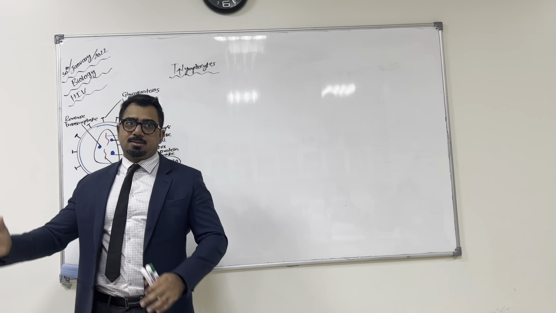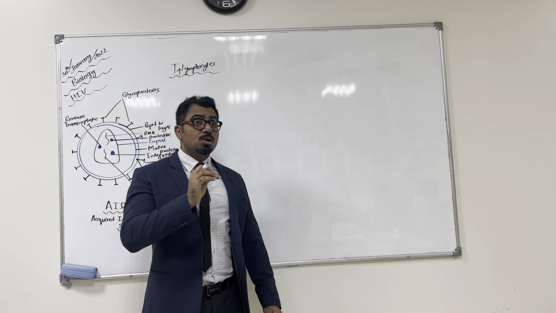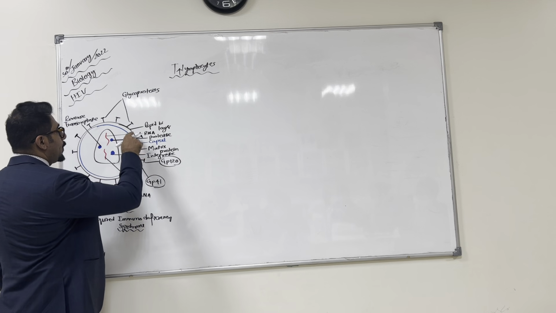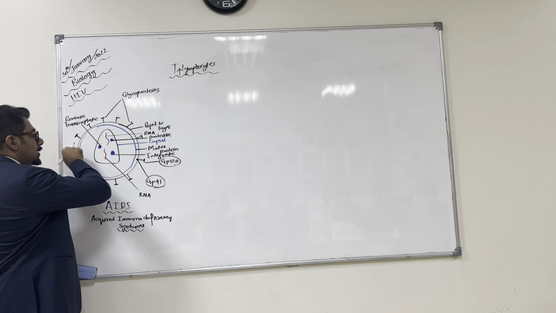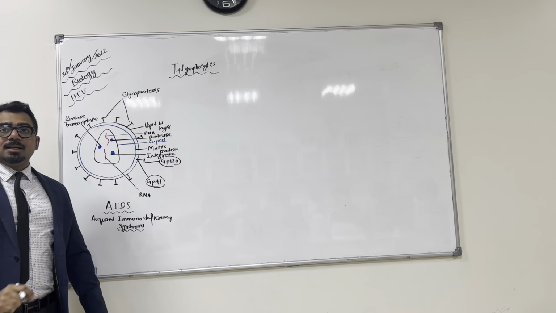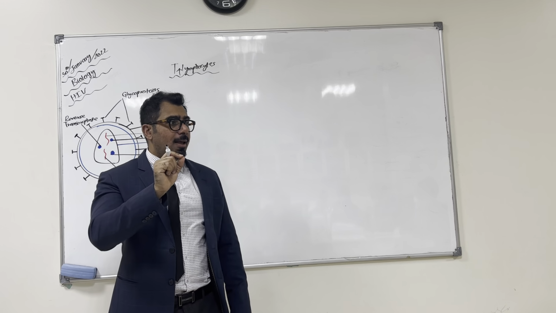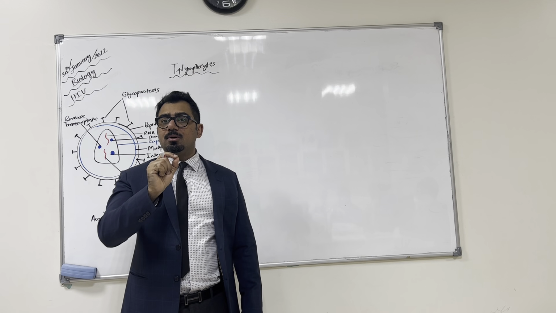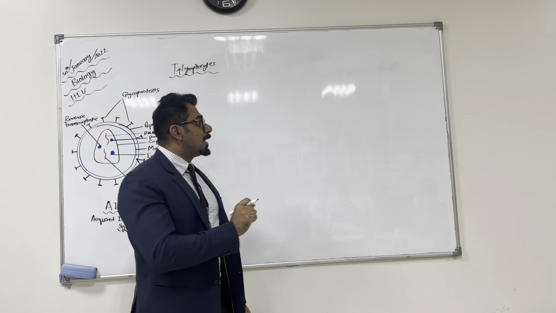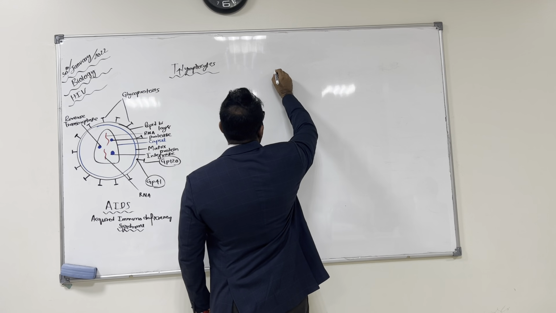Why not the other cells? Because this glycoprotein, this GP120, only attaches to specific receptors present on the surface of T4 lymphocytes. And those receptors are called CD4 receptors.